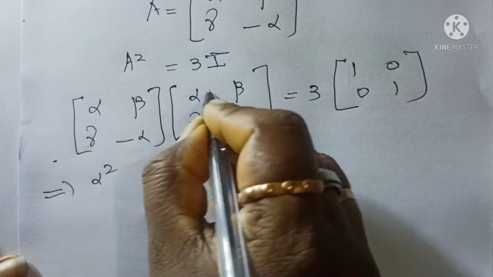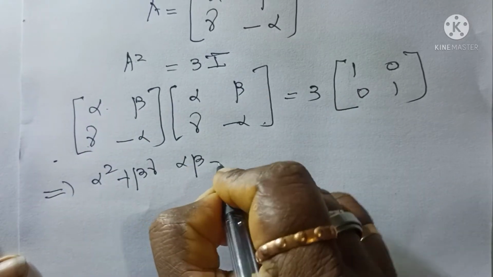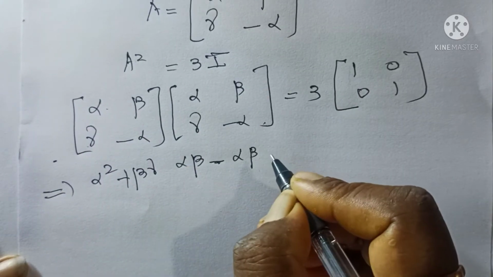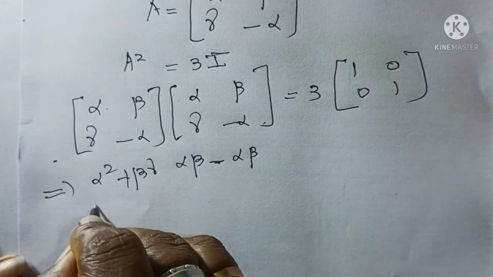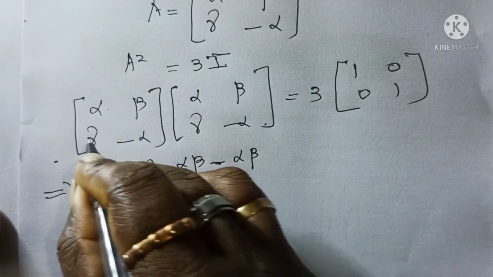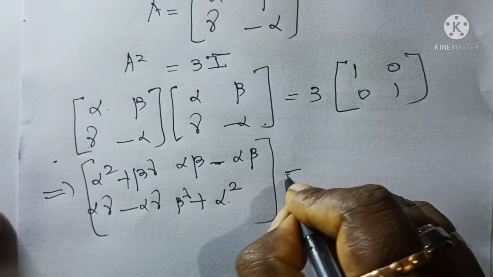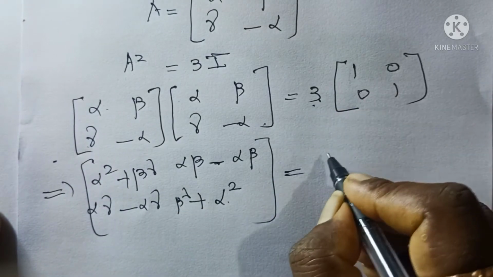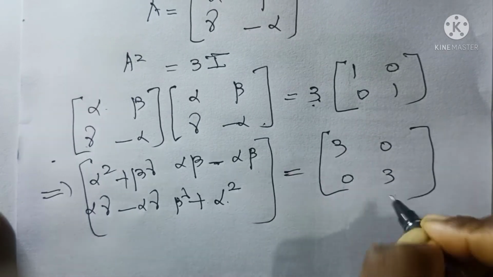So alpha square plus beta gamma, then alpha beta minus alpha beta, and alpha gamma minus alpha gamma, then beta gamma plus alpha square, which is equal to, multiplying 3 with this one, [3 0; 0 3].